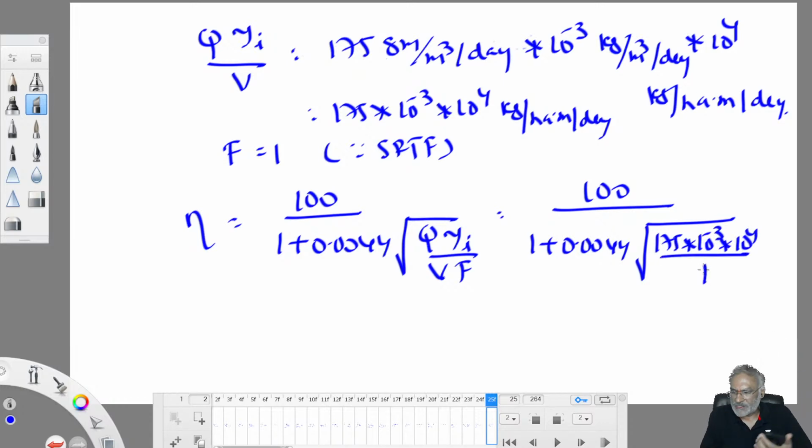Simplify, we will get efficiency. Come on, I need the efficiency value. Work it out. What is your efficiency?